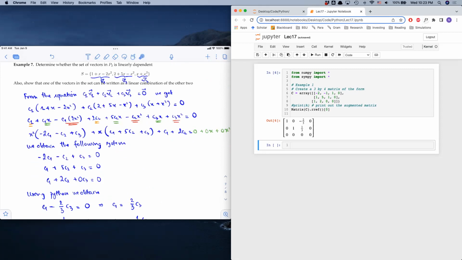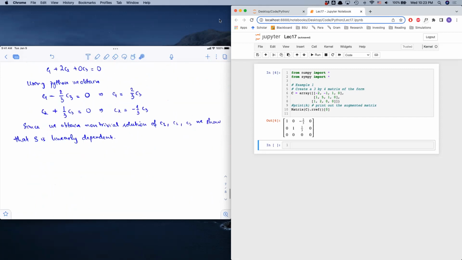Now we're going to manipulate the information that we get for c1, c2, and c3 to write one of the vectors in turn as a linear combination of the other two vectors. All right.